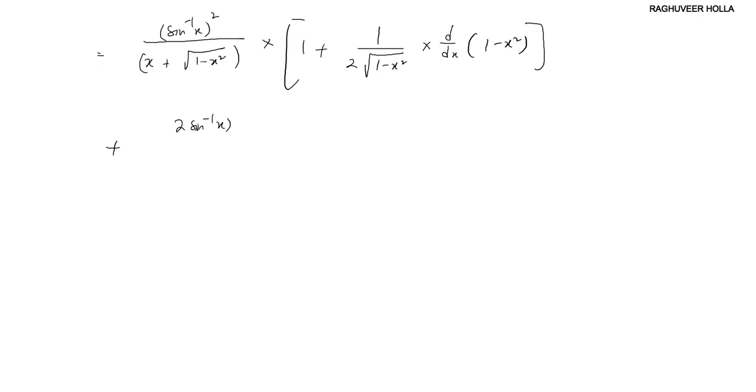Now the next term would be plus 2 sine inverse x, okay, and log of (x plus root 1 minus x square), right. So this whole thing divides by square root of 1 minus x square.